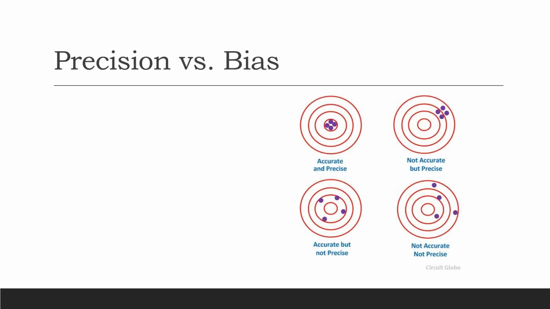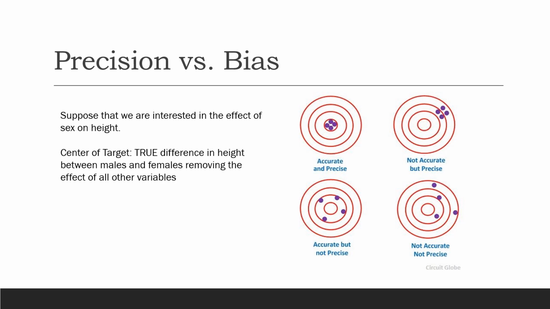I'm going to talk for a minute about precision and bias. Suppose we're interested in the effect of sex on height. We can think of the target as being the true difference in height between males and females if we were able to remove the effect of all other variables.